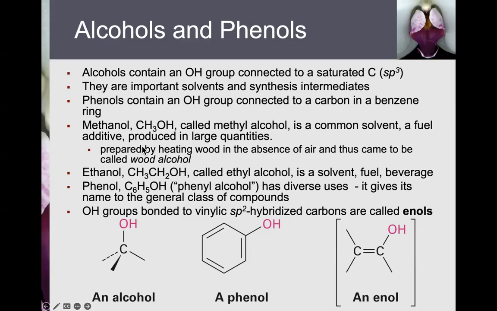Another example is ethanol, CH3CH2OH, also known as ethyl alcohol. This ethanol is the first organic chemical to be prepared and purified, and its production is via fermentation of grains and sugars. The process was already carried out 9,000 years ago.